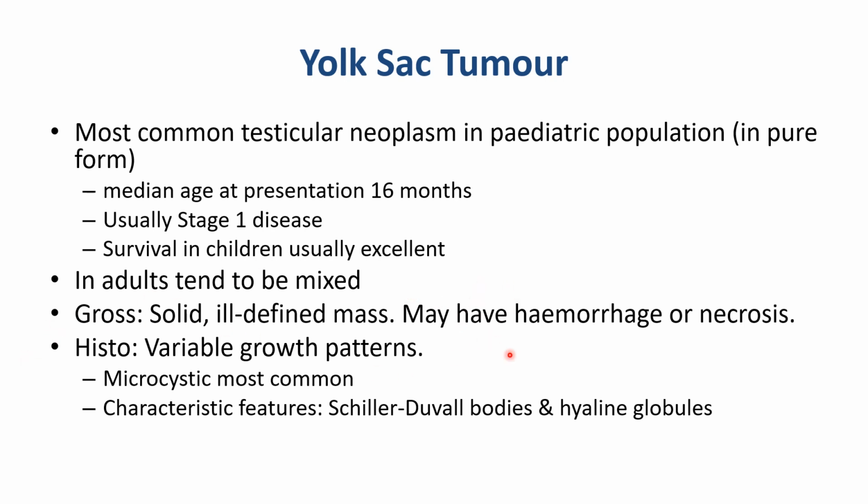In terms of morphology, they can have hemorrhage or necrosis, therefore it can be quite heterogeneous. Histologically, again, quite heterogeneous with variable growth patterns. But the characteristic feature that can be present is what we call the Schiller-Duval body, where the architecture of the tumor resembles primitive glomerular structures. They can also have hyaline globules.